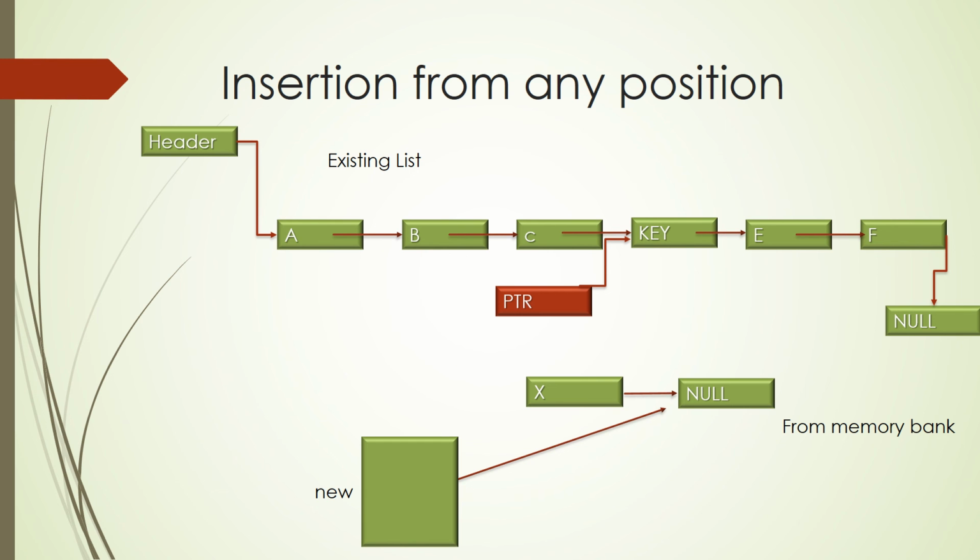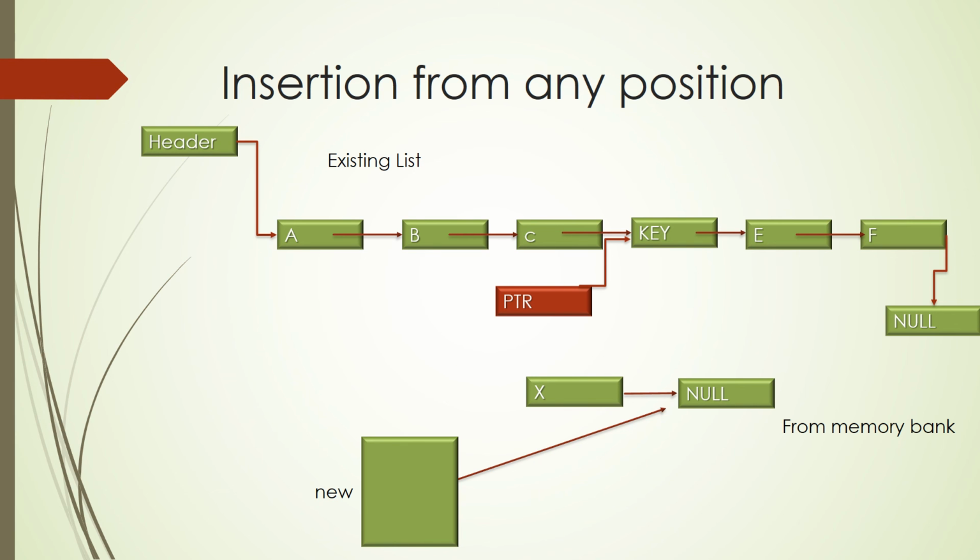Initially you can see the node containing key is pointing to its immediate next node. You have to copy the content, you have to update it, and you can set it like this. Actually, this is happening the other way around.